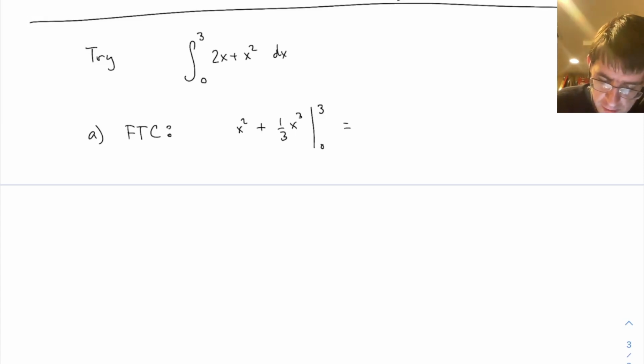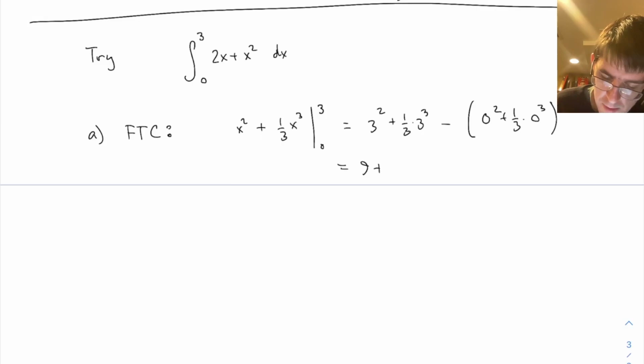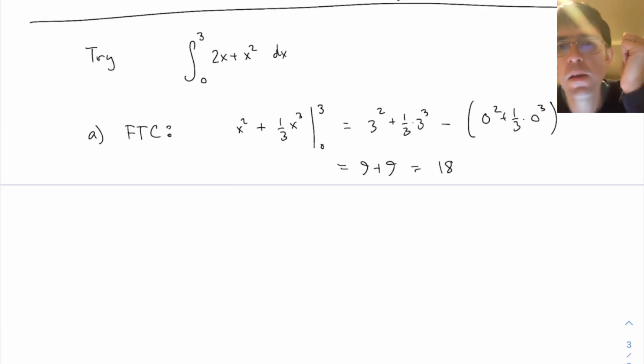Plug in the 3: 3 squared plus 1/3 times 3 cubed, minus, plug in the 0: 0 squared plus 1/3 times 0 cubed. This is 0 over there. So this is just 9 plus 9 again, 18. All right? I think that's right. Okay, so that was the easy way.